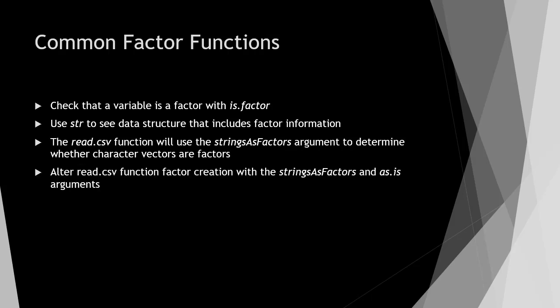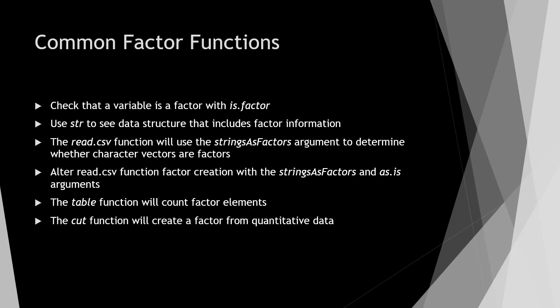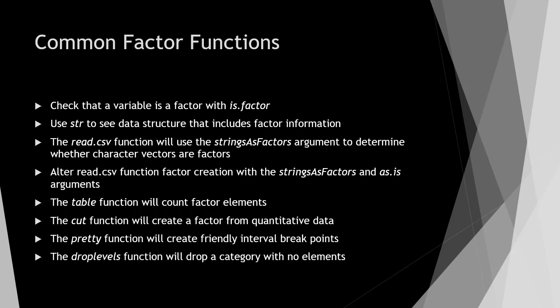You can alter the read.csv function factor creation with the stringsAsFactors argument and the as.is argument. The table function will count factor elements. The cut function will create a factor from quantitative data. The pretty function will create friendly interval breakpoints. The droplevels function will drop a category that has no elements.